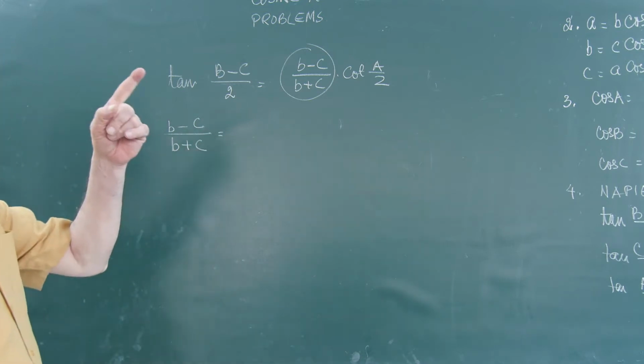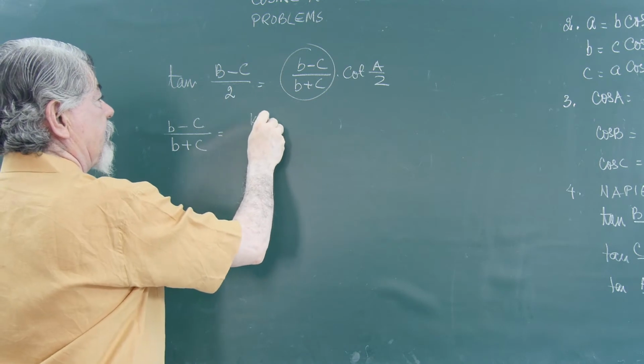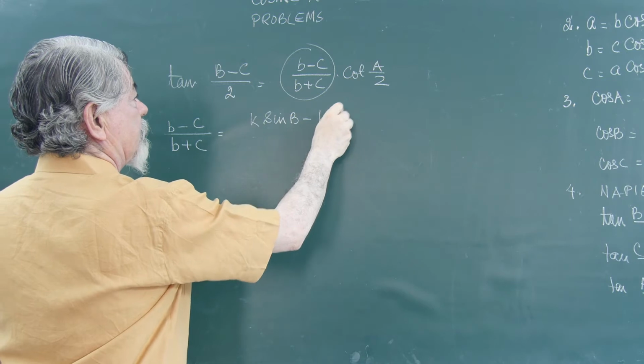From the sine law, b can be written as k sine B, and c can be written as k sine C. You can see it.